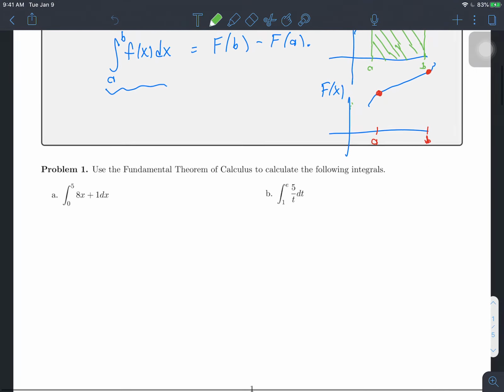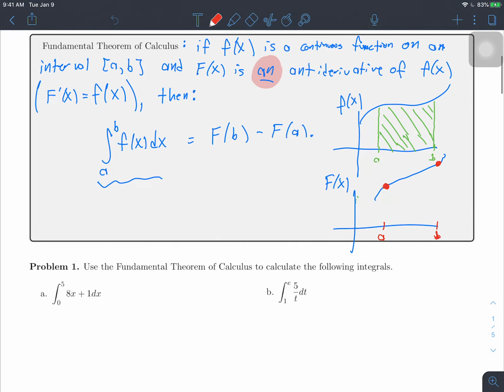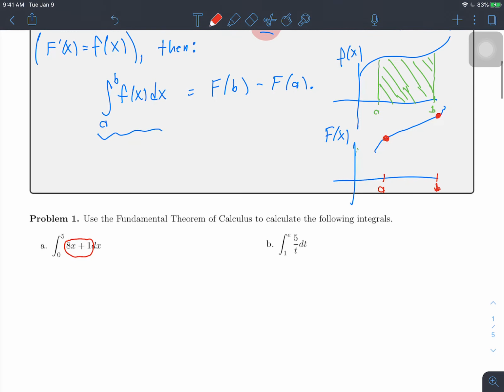So let's try this first problem A. If we want to find the integral from 0 to 5 of 8x plus 1 dx, the fundamental theorem says, just find an antiderivative for 8x plus 1. Then plug in 5 and subtract when you plug in 0. Okay, so let's find an antiderivative.